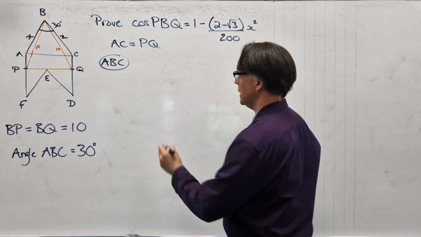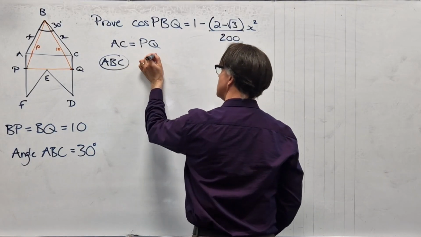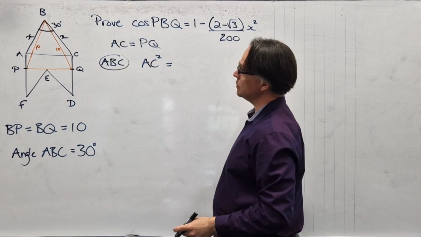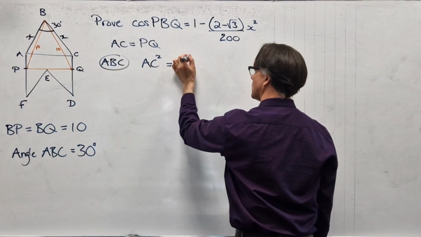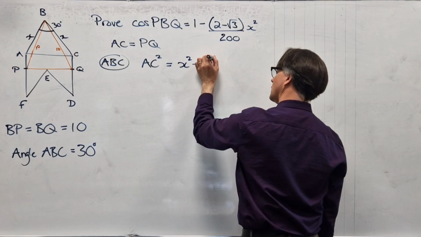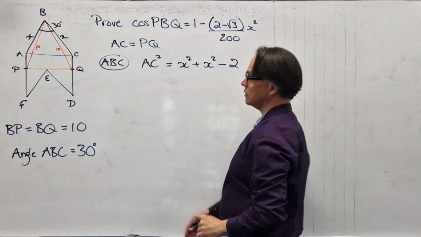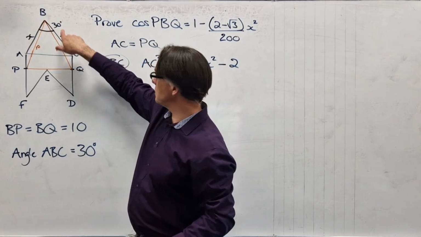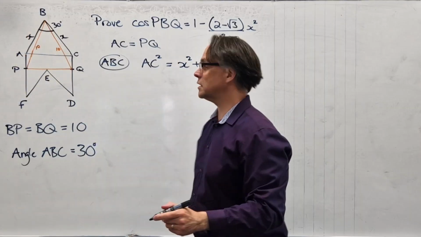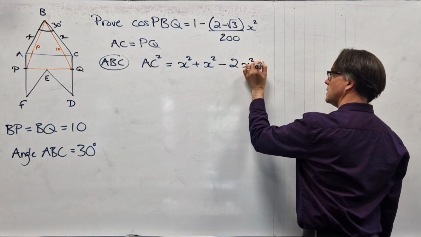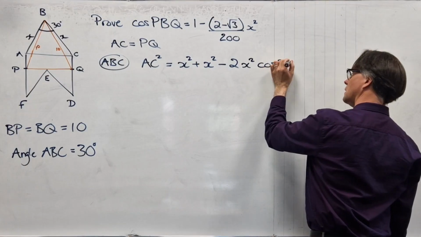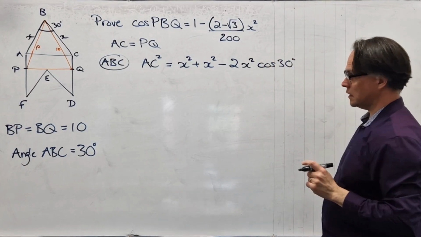Okay. So let's say that AC squared equals x squared plus x squared minus 2 times x times x, that's x squared, cos 30.